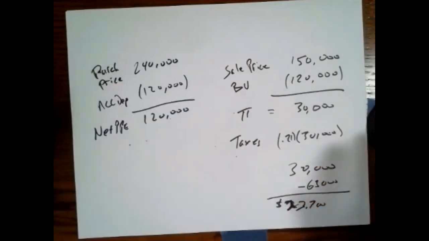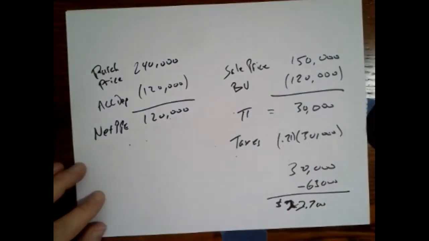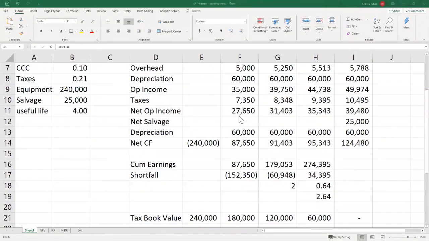Right. So let's switch back here for a second. If our firm now fully depreciates the asset such that the book value is 0 at the end of year 4, they're going to sell that equipment for $25,000.